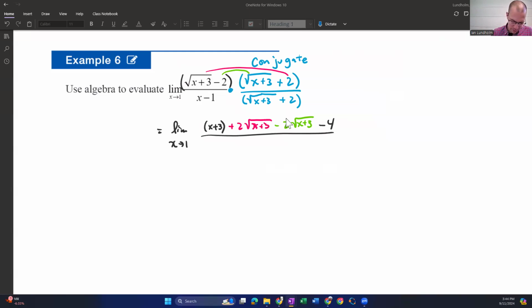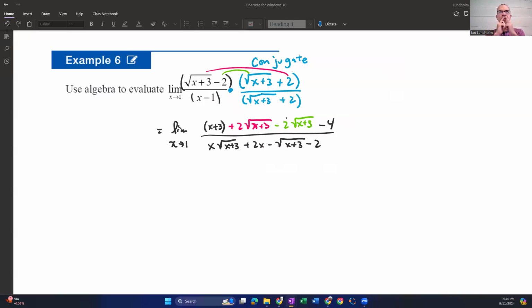On the bottom, we would have a bunch of nonsense still. I guess we would want to multiply. We would have x times x plus 3 for our first term. Outside would be 2x. Inside would be minus the square root of x plus 3. And then the last would be minus 2.